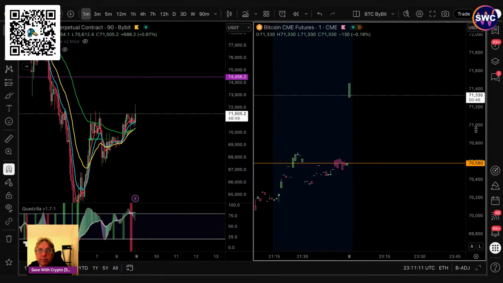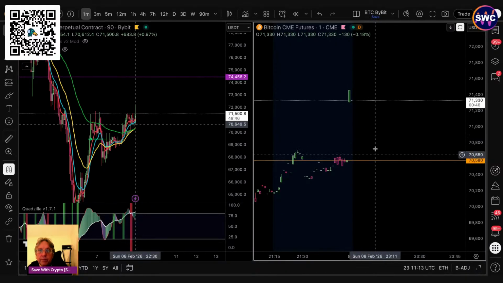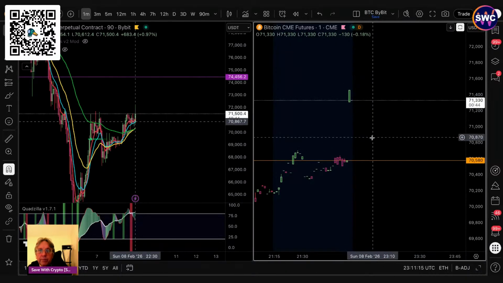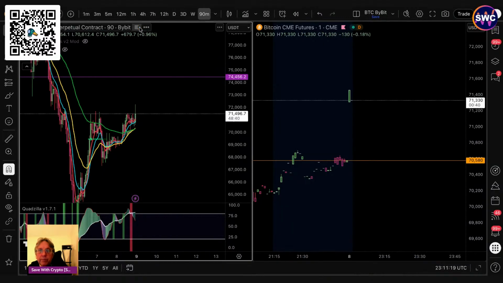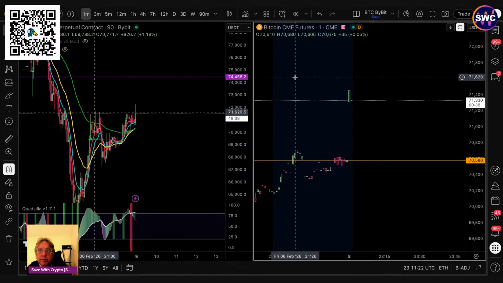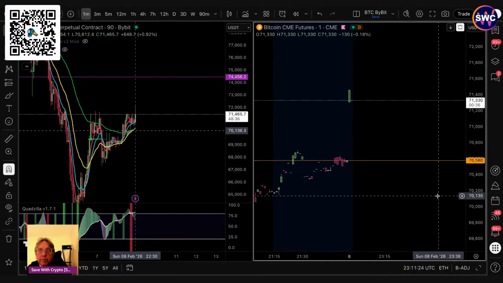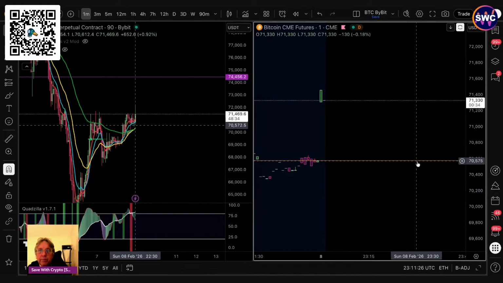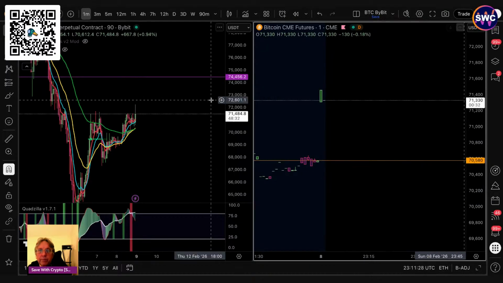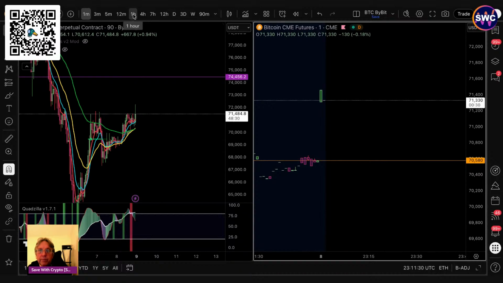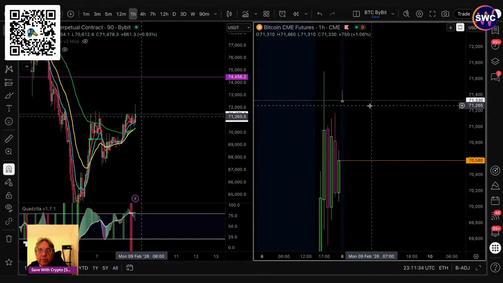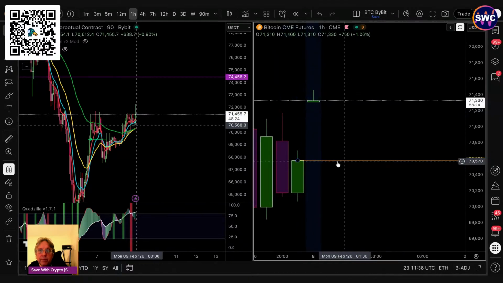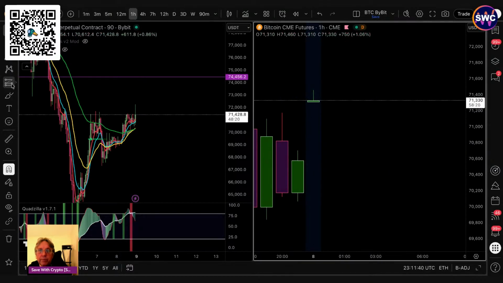Right, so that's where the CME has opened there. So if I put that on the 1 hour, and then I remove that there, I normally put a box in there.